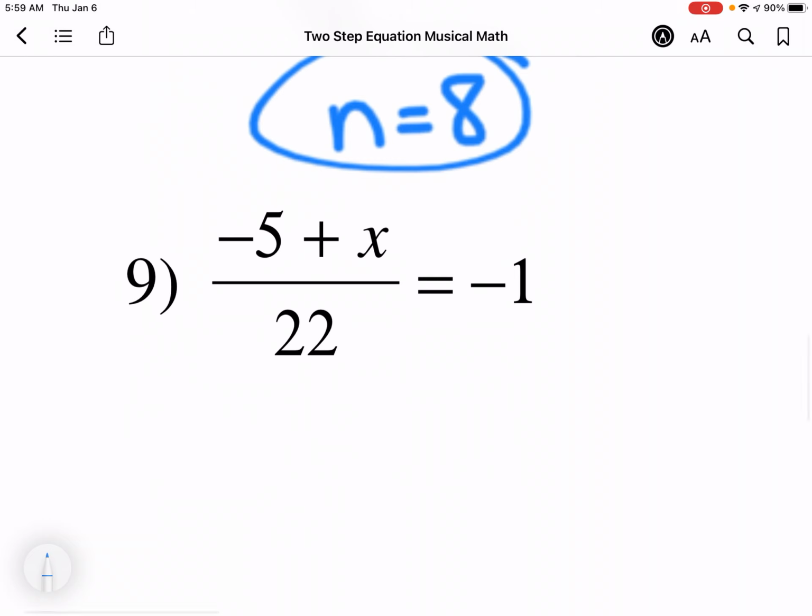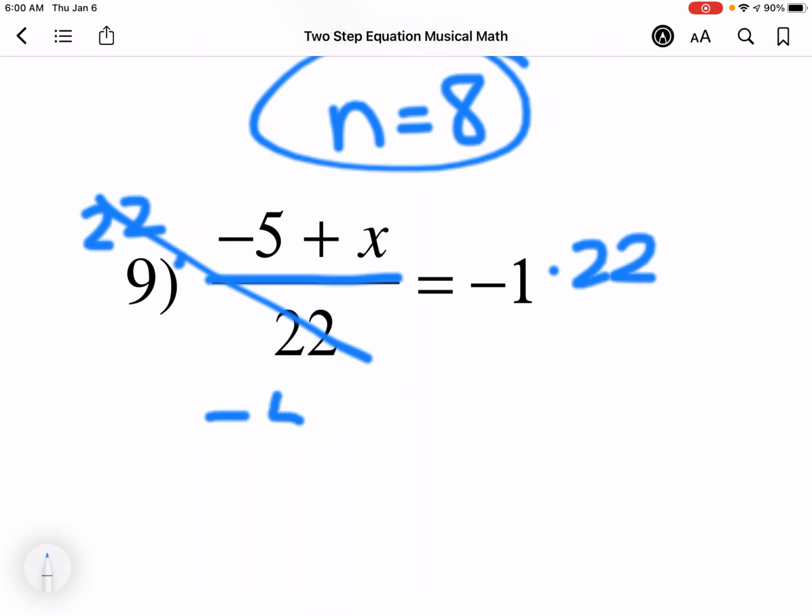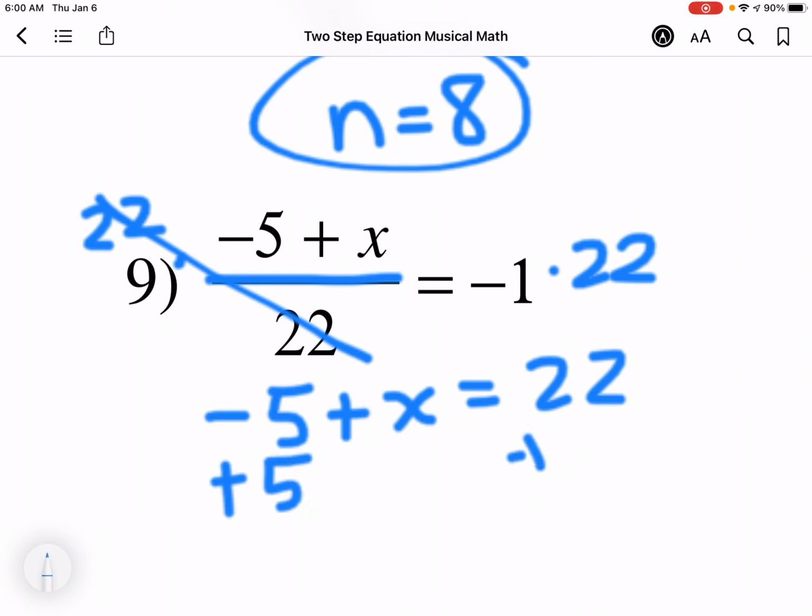Okay, again, this is the one where you're dividing both the variable and the constant by the same number. So we're multiplying by 22 to clear that denominator. Then we clear the constant.